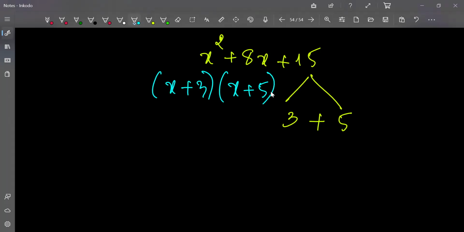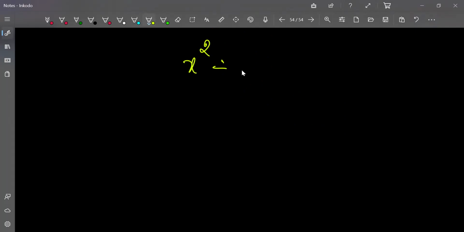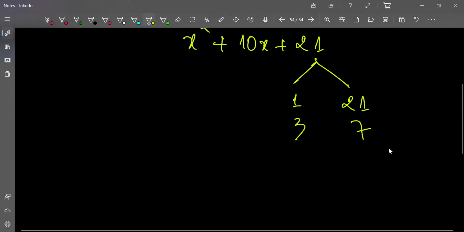Okay, so now let's try another example. If I have x squared plus 10x plus 21. So 21, I can write, listing the factor pairs of 21: 1 and 21 and also 3 and 7.